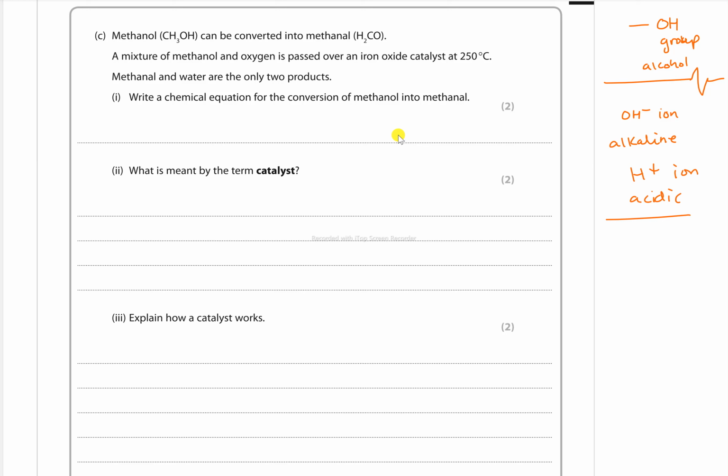So we need to write a chemical equation to convert methanol into methanal.